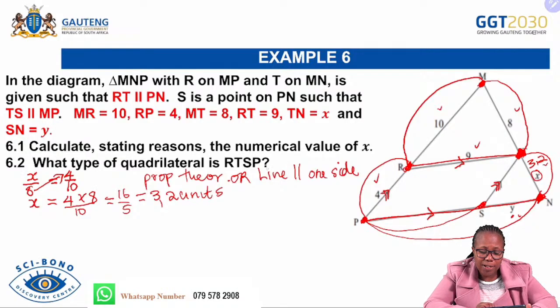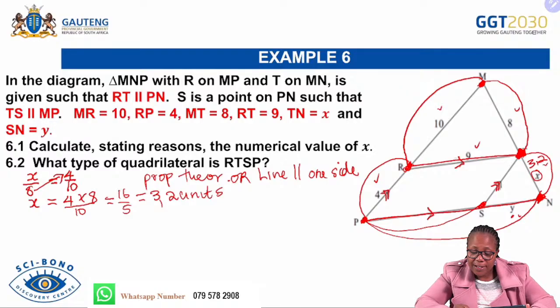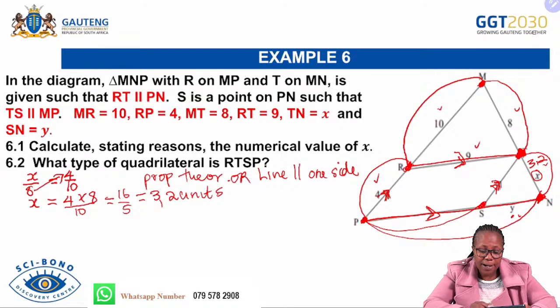What type of quadrilateral is RTSP? Since these lines are parallel here, and both pairs of opposite sides are parallel, therefore that is a parallelogram. And you can see, grade 12, that this shape is skewed. It cannot be a rectangle, because a rectangle must have 90 degree angles at the corners.